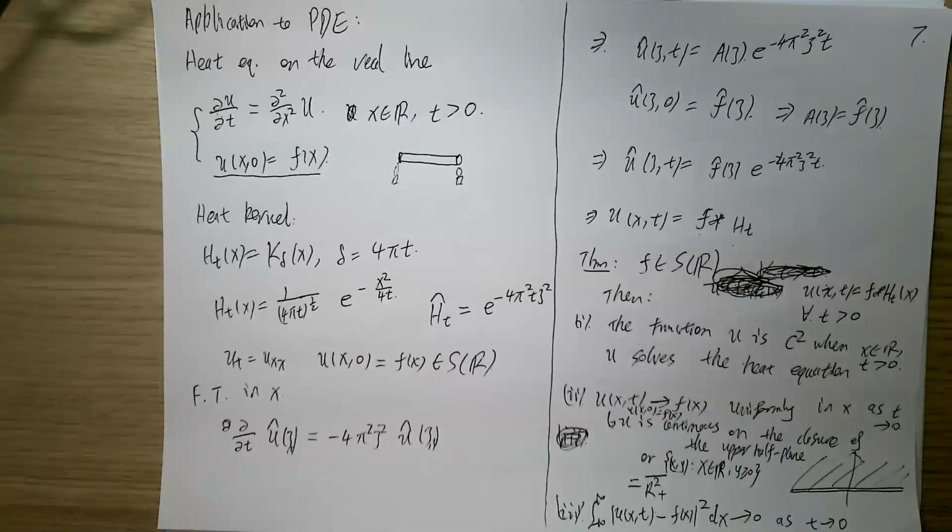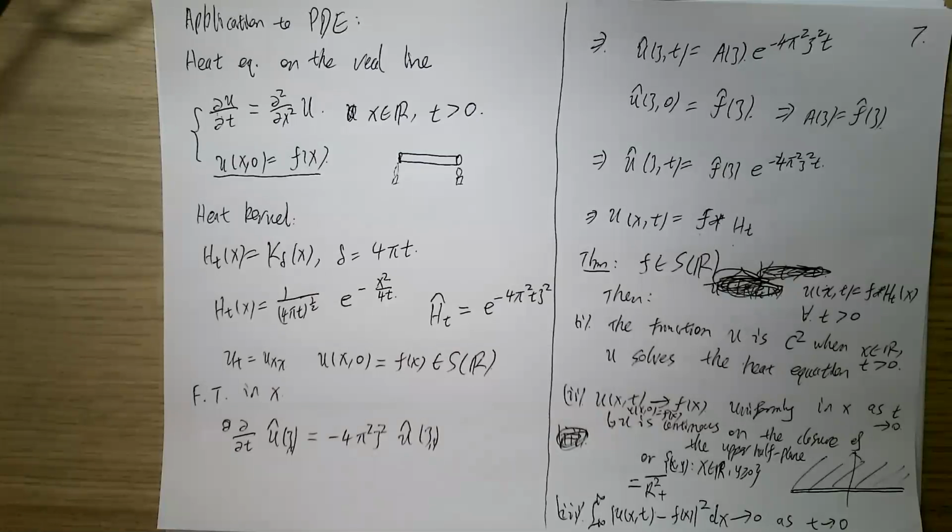I'm going to prove this. Before we prove it, any question? Basically this means, if we define u as f convolved with the so-called heat kernel, then it is a solution to our initial value problem. Any question before we move on?